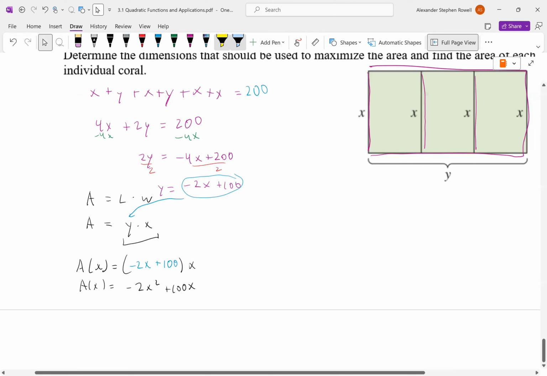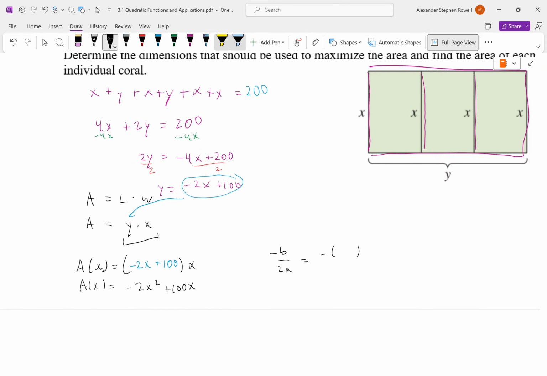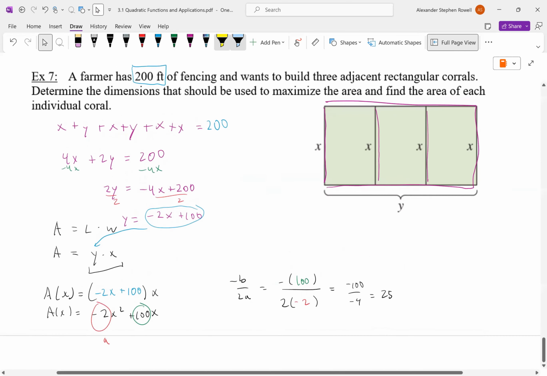Okay, so what's negative b over 2a? Negative 100 over, okay, so a is negative 2, b is 100. We simplify negative 100 over negative 4, that's correct, is 25. Do I need to plug this back into my function? So determine the dimensions that should be used to maximize the area.